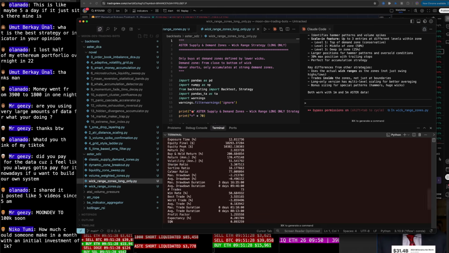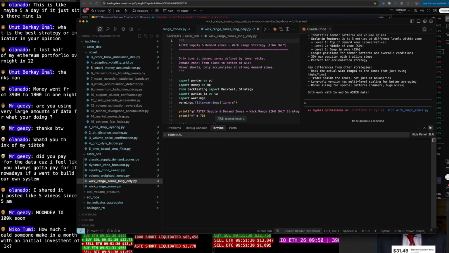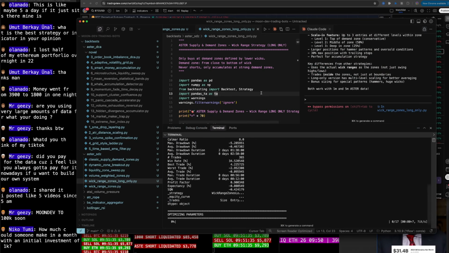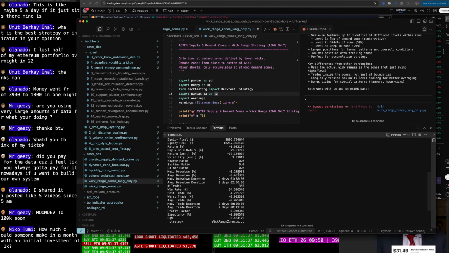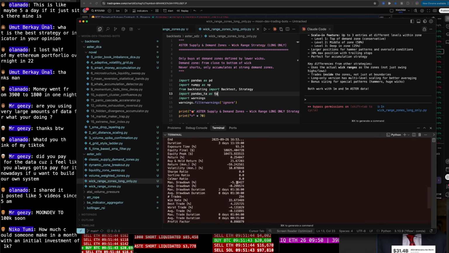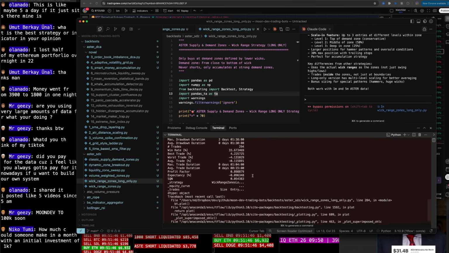Let's try long only, see how that one looks. This is kind of cheating because it's a long asset, but let's check it out. 365 trades? Damn, why are there so many more trades on long only? Returns negative 1.9%. Return here is 0.25.